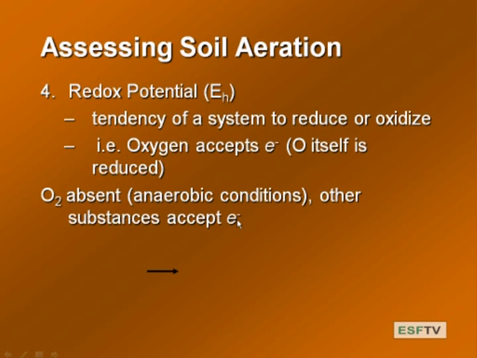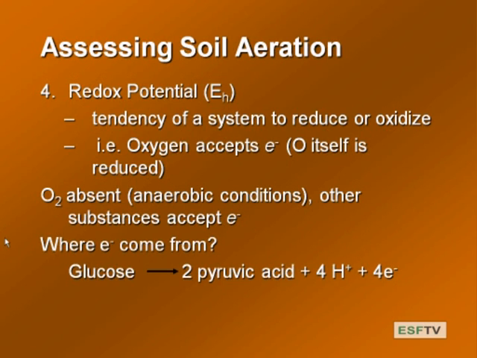There's still anaerobic respiration, and so respiration involves electron generation and transfer. So what's happening? Where do those electrons come from? So glucose, a simple sugar, breaks down to pyruvic acid and produces electrons. Okay? So you know the rest of the story. If you take biochemistry, you'll follow this pathway all the way down to the end.